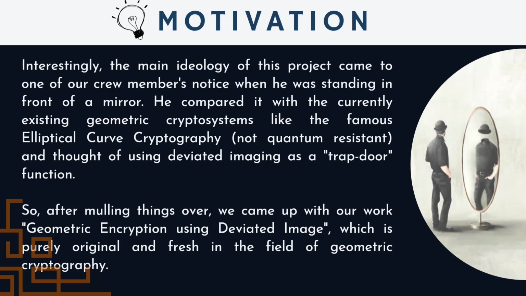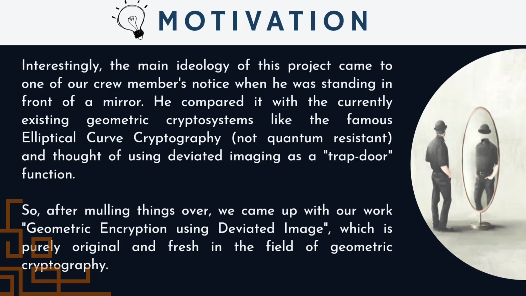Let me first clarify the term trapdoor. Trapdoor functions are functions which are very easy to solve from one side, and from the other side, if you want to solve them, they are very difficult. Let me give an example in our project's sense. Let's say I tell you that at this point an image will be created, and now I ask you to tell me where the object is.